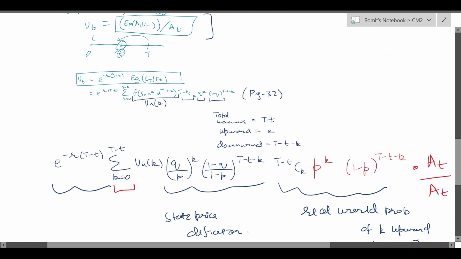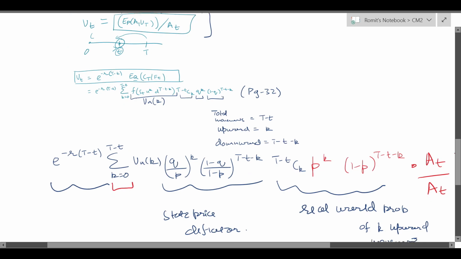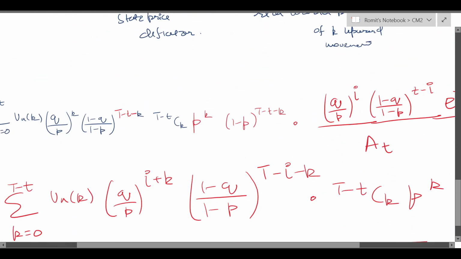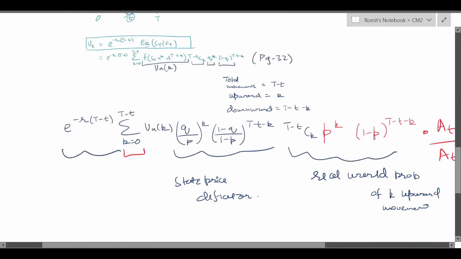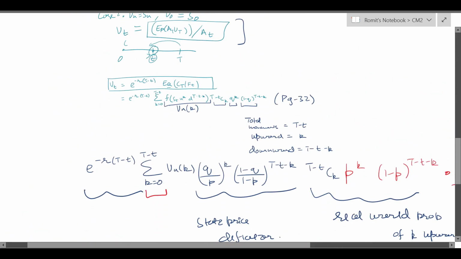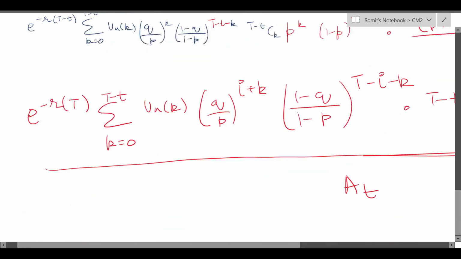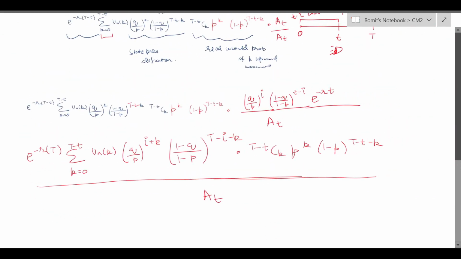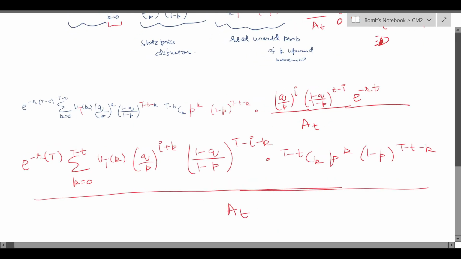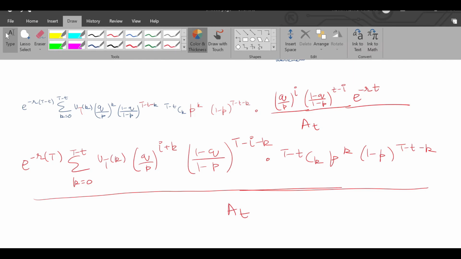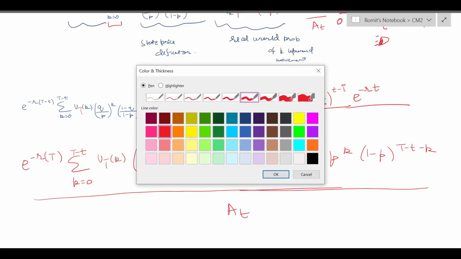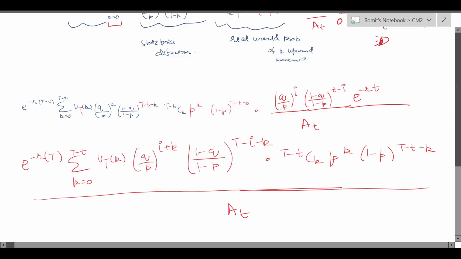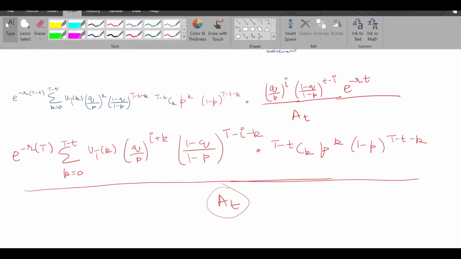Now, if you see, and this should be V_T, because there is no n. So now if you see, you have the state price deflator here, which is known.